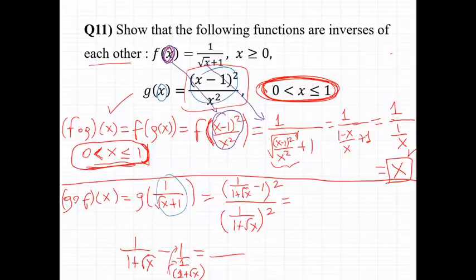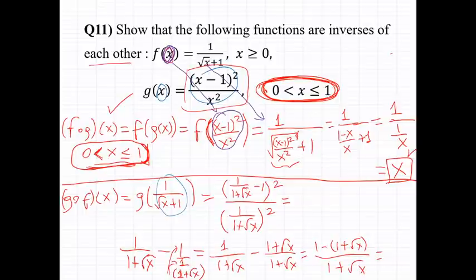So we multiply them so that we get this one. And you combine them this way. And this will become minus square root of x over 1 plus square root of x. When you distribute, you will have this one.